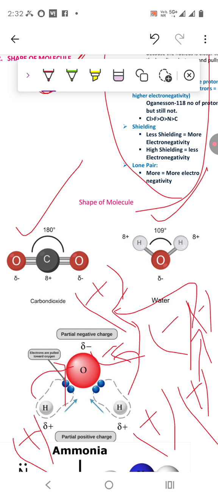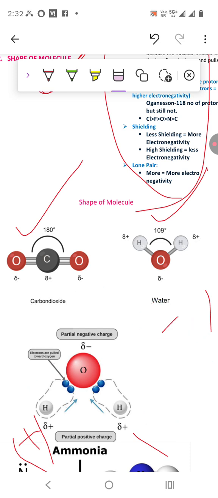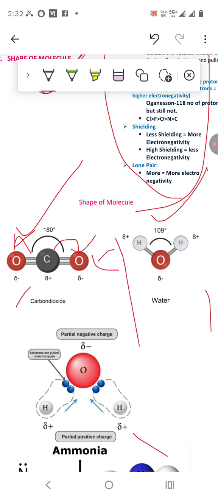But in the case of carbon dioxide, oxygen will pull the shared electrons towards itself. One end is negative, the other end is also negative. Both ends are negative, so they cancel each other.